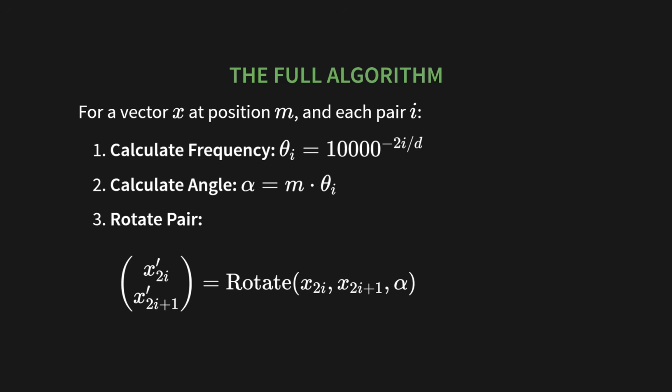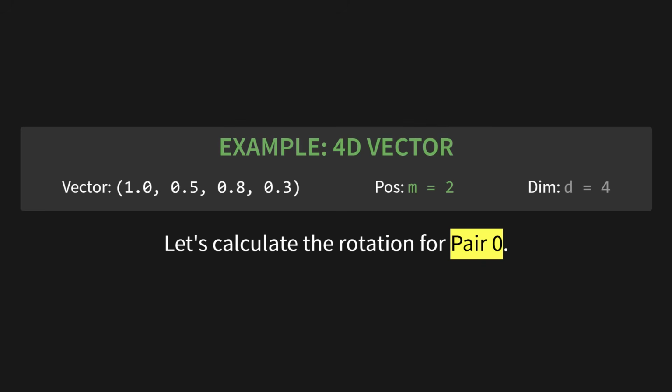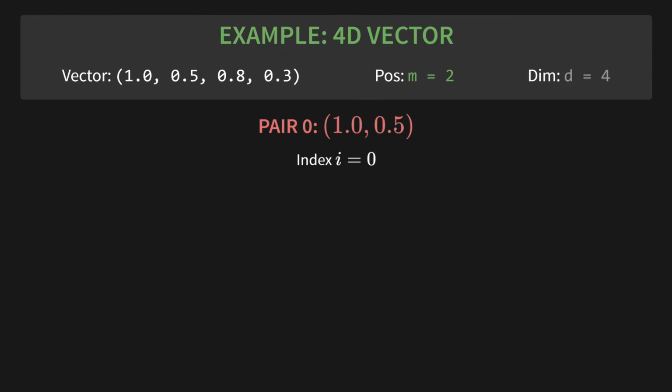Let's make this crystal clear with an example. Imagine a simple 4-dimensional vector with the values 1.0, 0.5, 0.8, and 0.3. And let's say it's at position m equals 2. The dimension d is 4. Okay, let's calculate the rotation for pair 0. That's the first 2 numbers, 1.0 and 0.5.